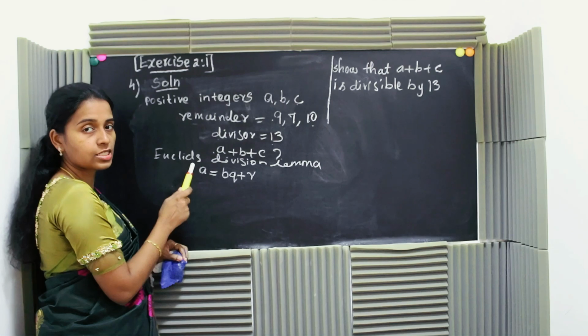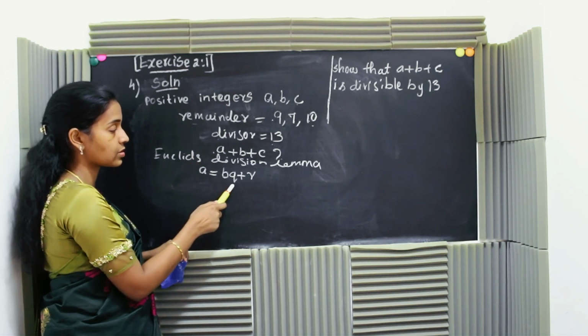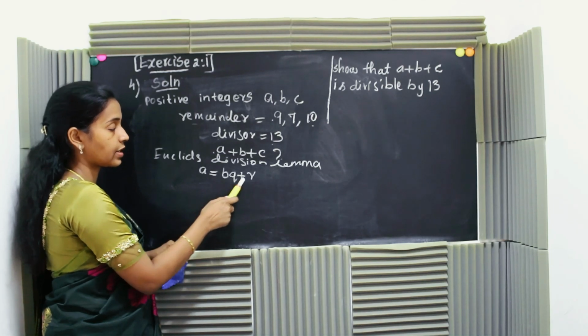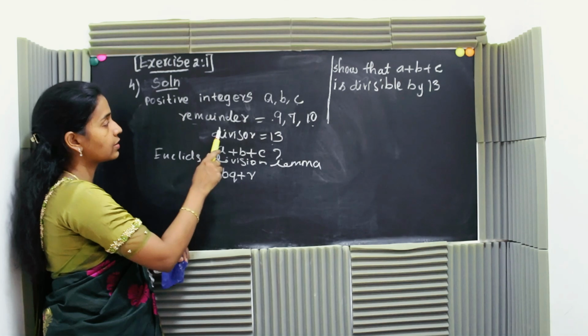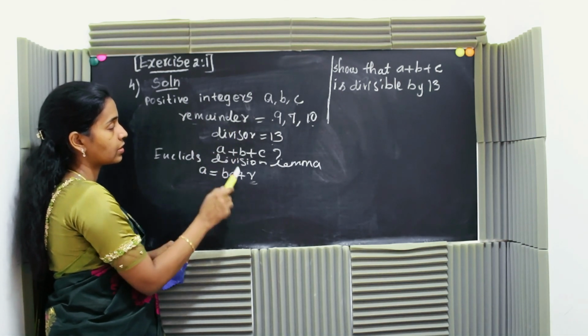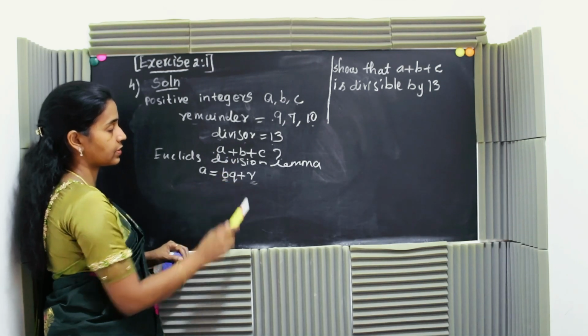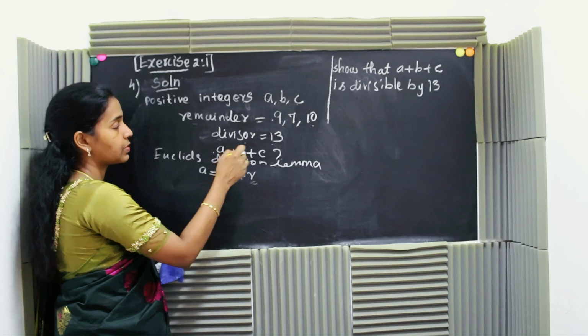A represents dividend, B represents divisor, Q represents quotient and R represents remainder. Here the remainder is given and the divisor is given.